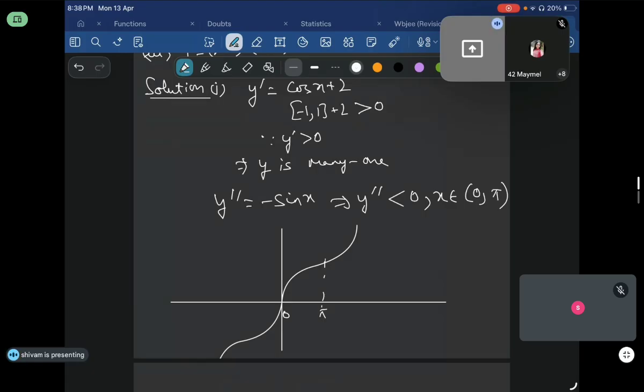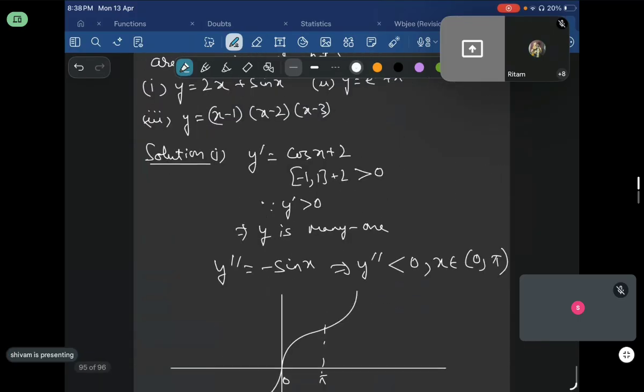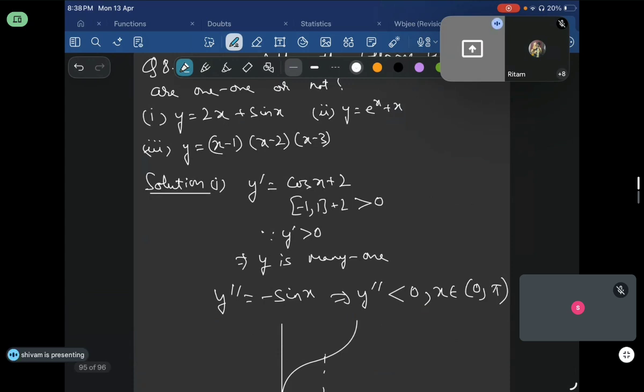Tell me, are you people getting? Abhipsha, Anini, Memel, Raktim, yes, sir. Ritam, Devank, are you people getting how the graph will look? Devank, is it clear? Yes, sir.